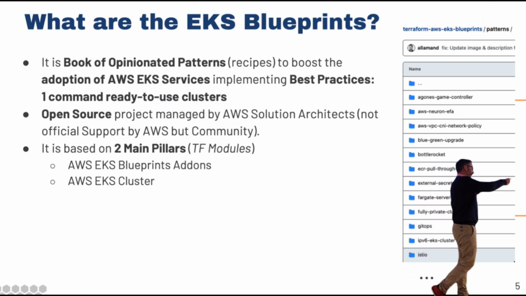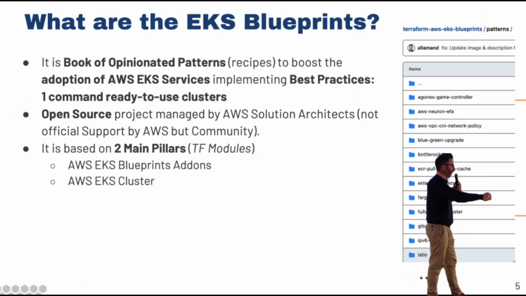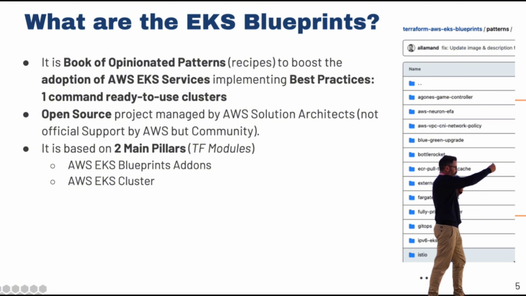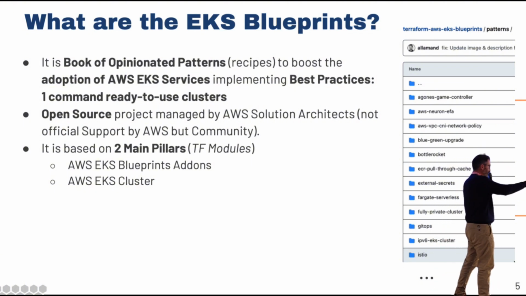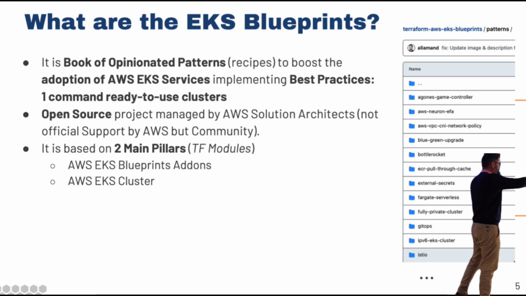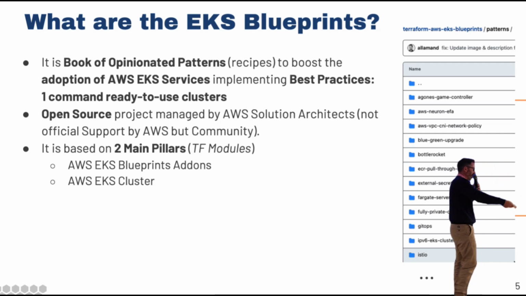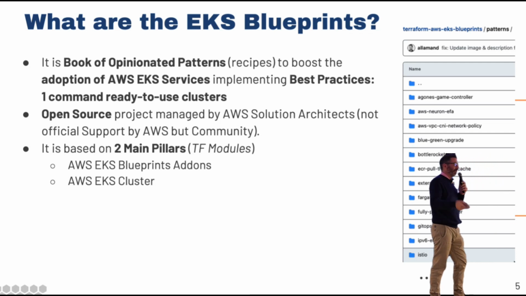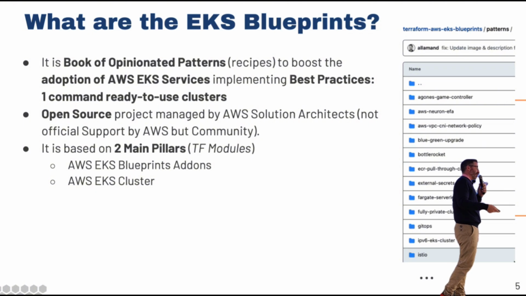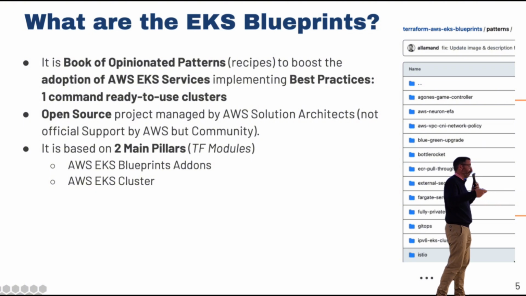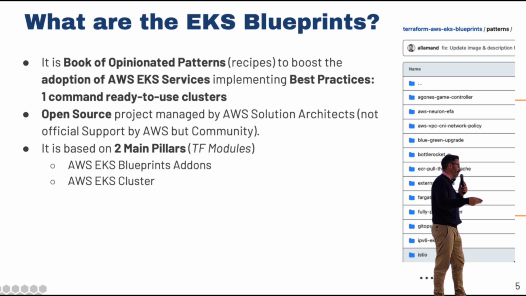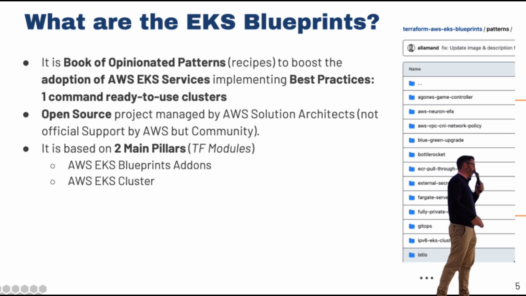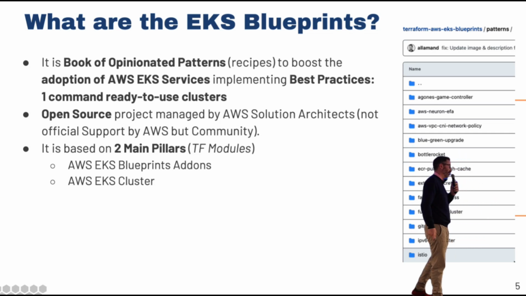As you can see on the right-hand side, there are examples of different implementations of EKS blueprints that you can find in the Terraform AWS EKS blueprint project, which helps you experiment with different implementations or configurations, things like Karpenter, GitOps, anything that you can imagine.